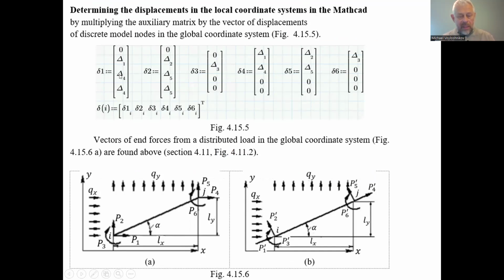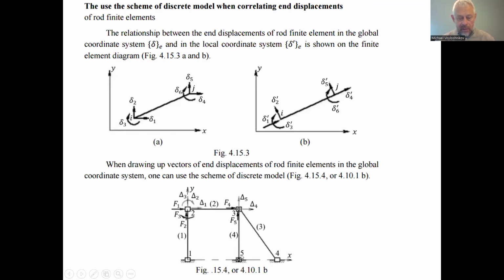So what is the horizontal displacement of the third and fourth finite elements? This is the beginning node, the hinged connection of these two finite elements.